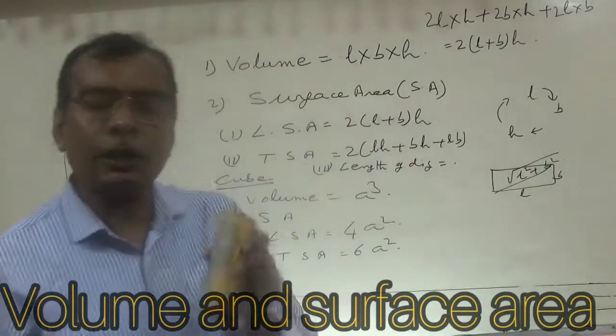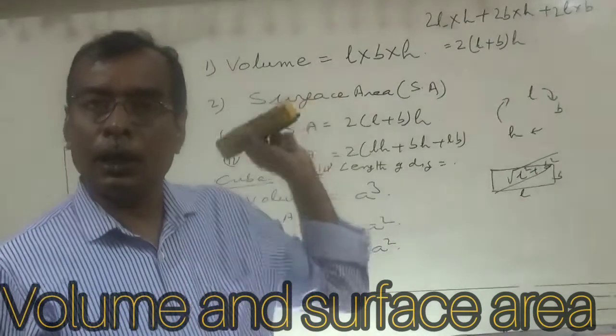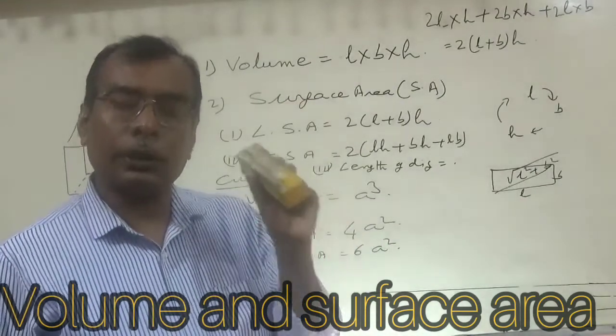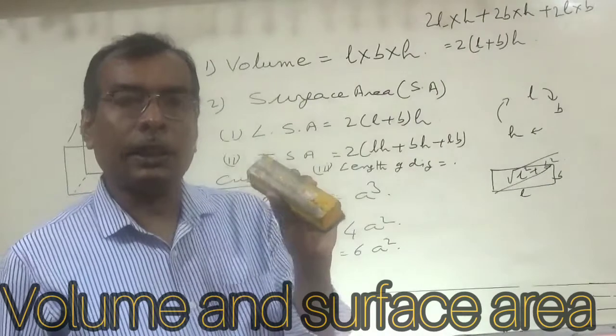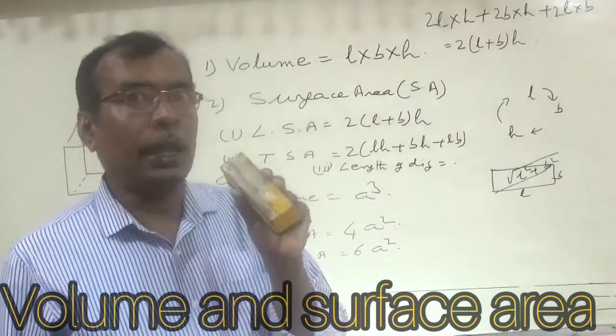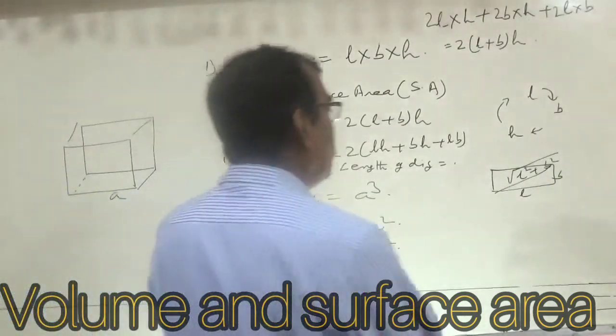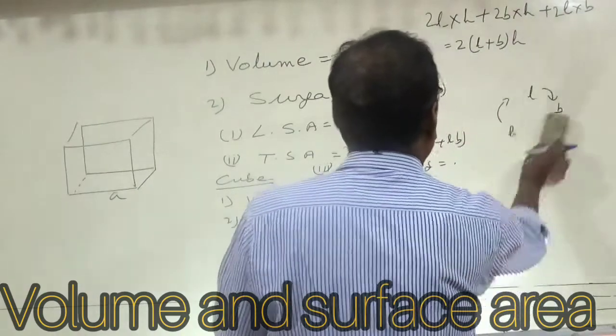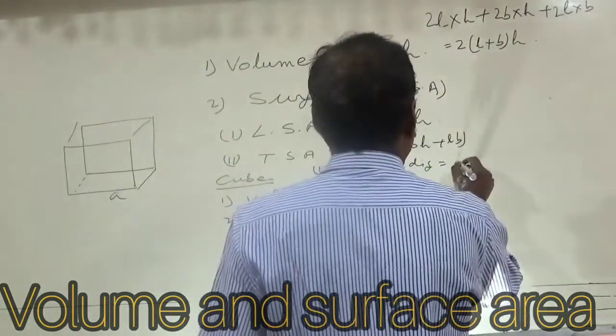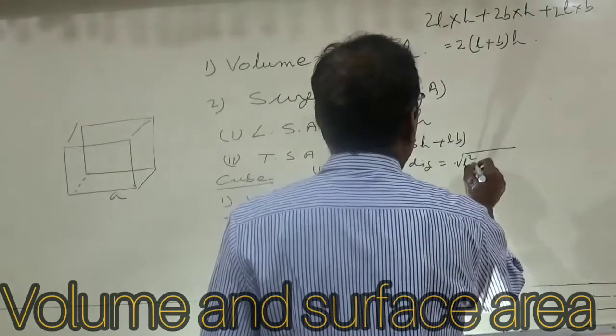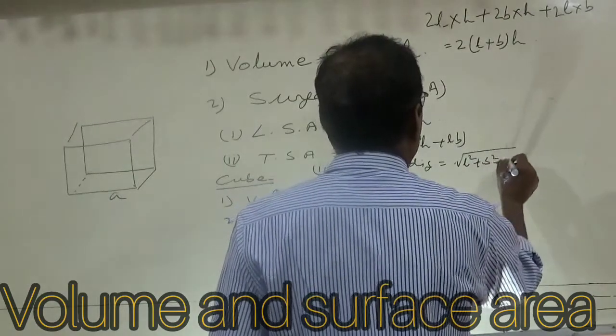But what is the difference between a rectangle and a cuboid? In case of rectangle, no height is there. In case of cuboid, height will be there. So the formula will be something like this: under root of L square plus B square, along with that H square also will come.